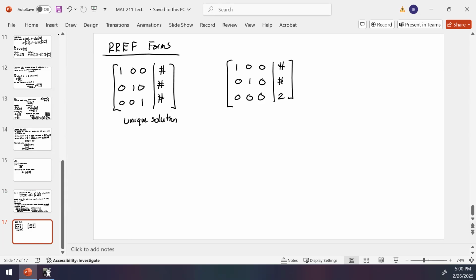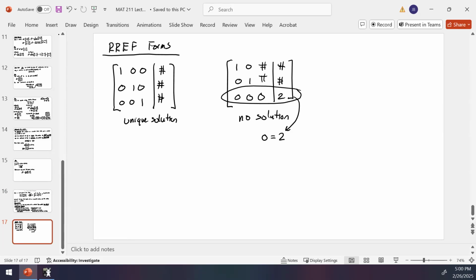So if you get something like this, and to be honest, you could even have numbers right here, as long as this bottom row looks exactly like this, this is the no solution case. So this is no solution, because the bottom is saying 0 is equal to 2. That's essentially what it's saying.